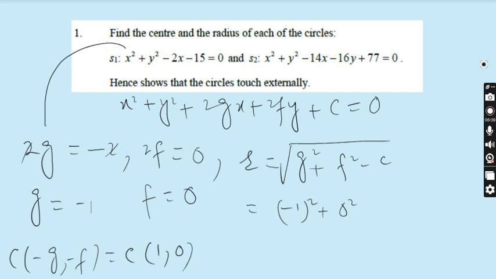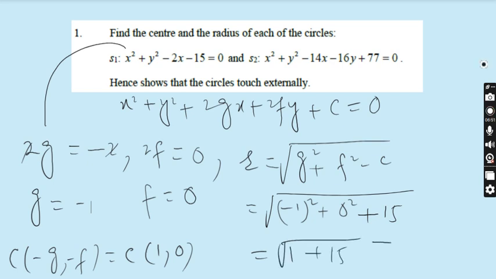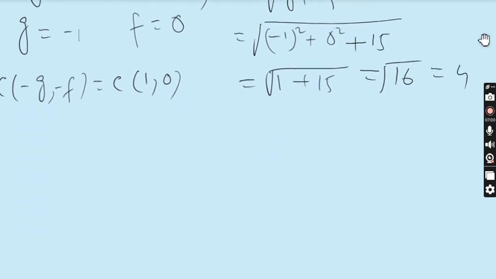For circle S1 the constant term is minus 15, so it is minus of minus, plus 15. So minus 1 square is 1 plus 15, 15 plus 1 is 16, root is 4. So for circle S1, the center is (1, 0) and the radius is 4.